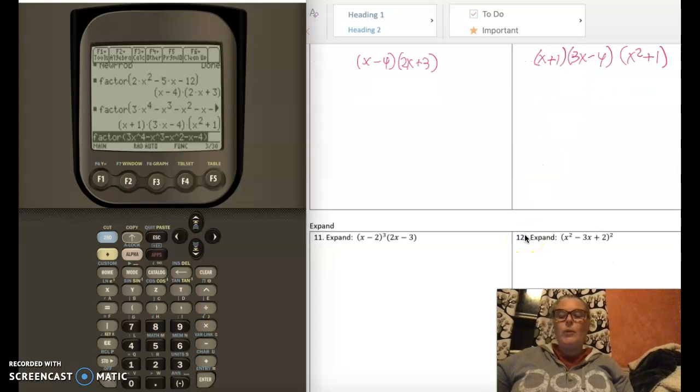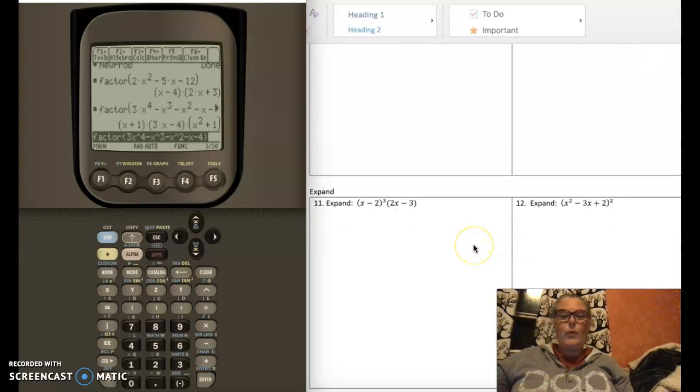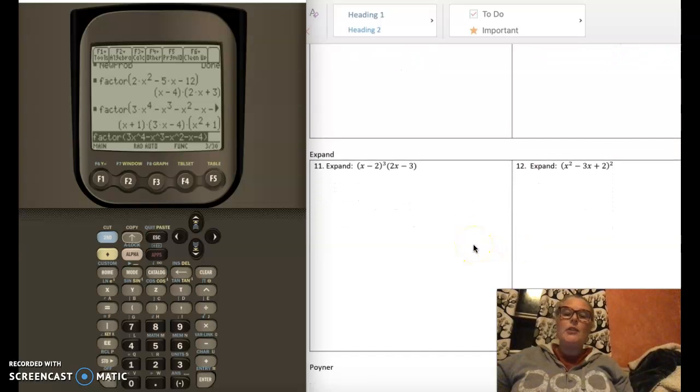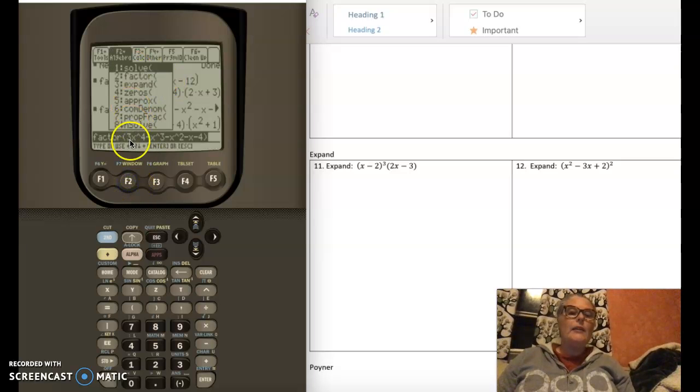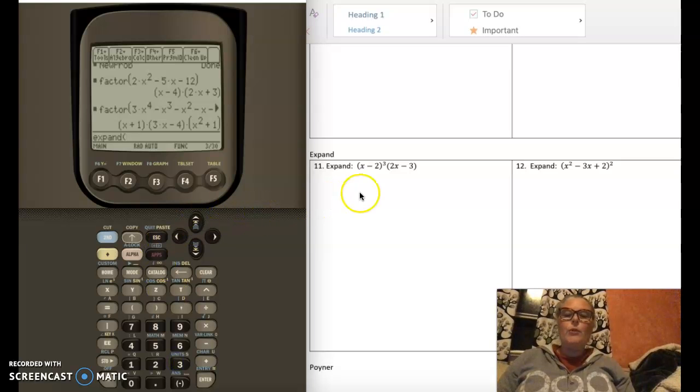I'm also going to do number 11 right away. An expansion is also an algebraic function. It just means multiply out. So if you asked your calculator to expand, so we're going to do F2 again. Expand is choice number 3. And then it will multiply this whole thing out.